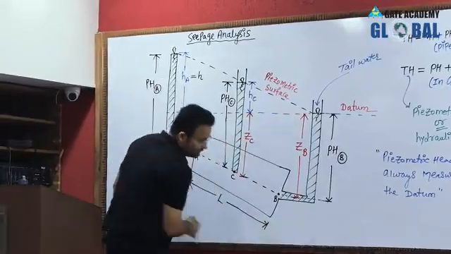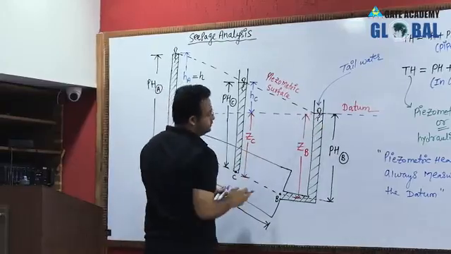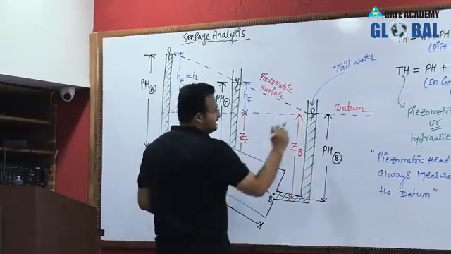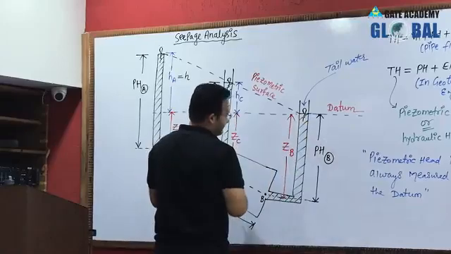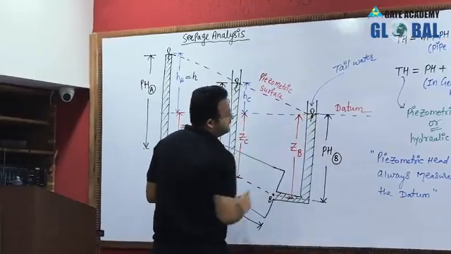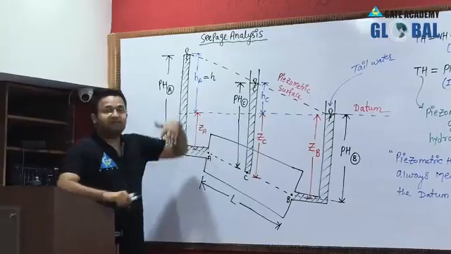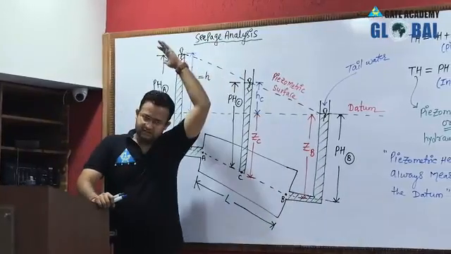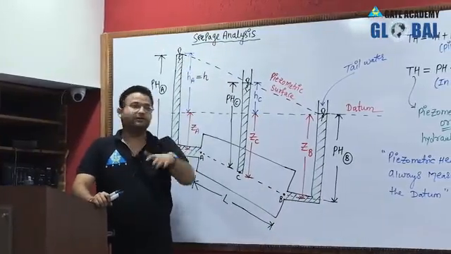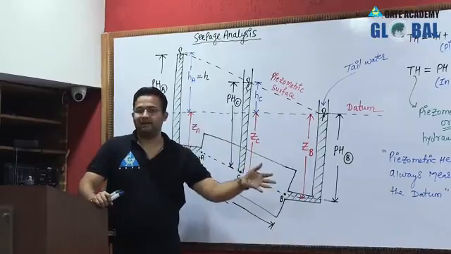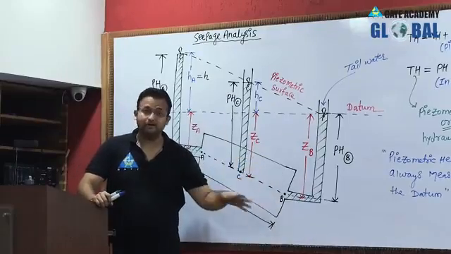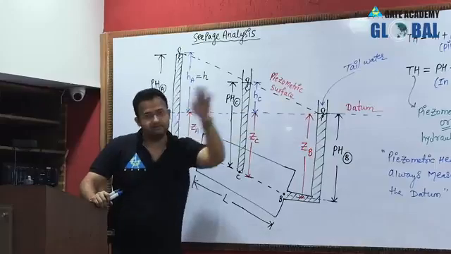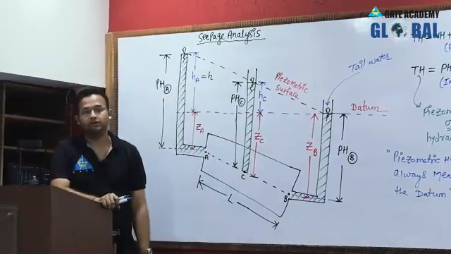If you consider datum somewhere else, total head here will not be 0, some value will be there. So that depends upon the location of your datum. But the final answer will be the same. The values of total head, pressure head, elevation head may change, but the final answer which we are estimating will be the same, okay?